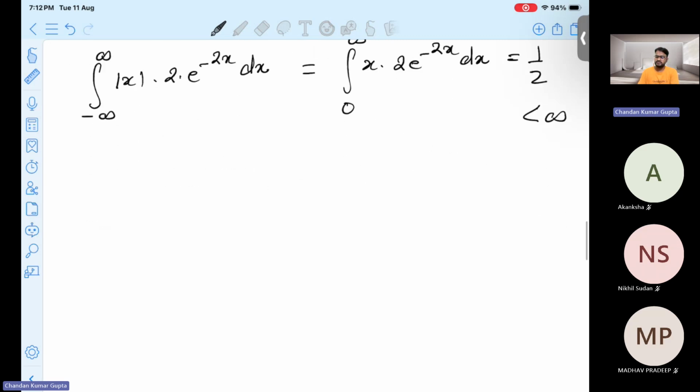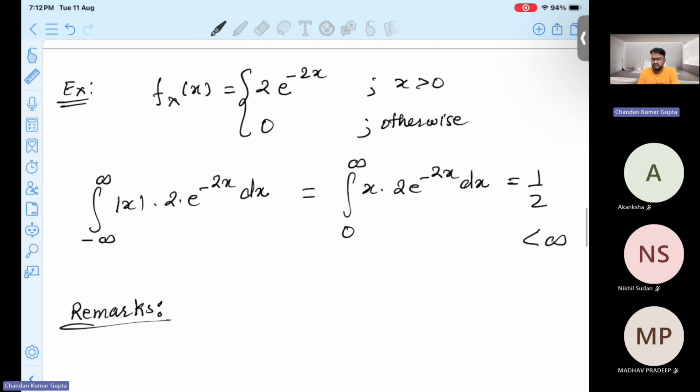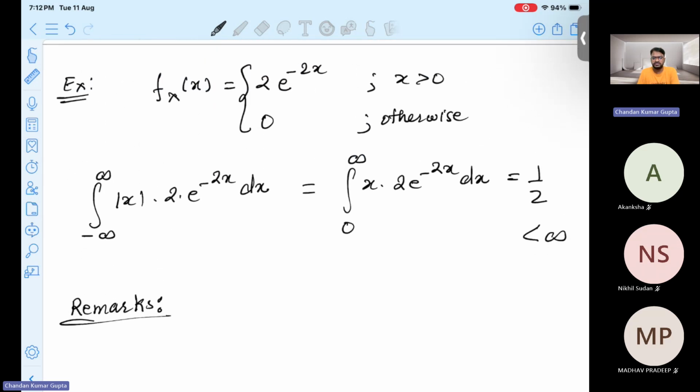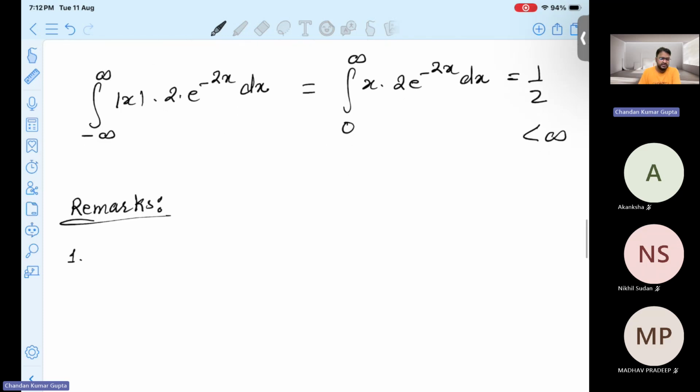We have some remarks here, some notes. We will discuss in the fourth week the different discrete and continuous distributions, where you directly know the mean and variance of some well-known distributions.